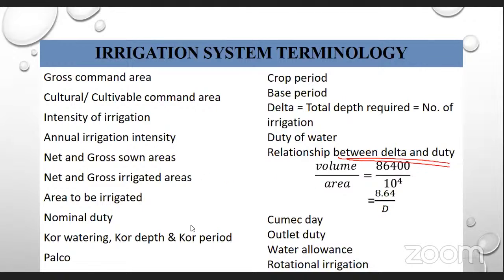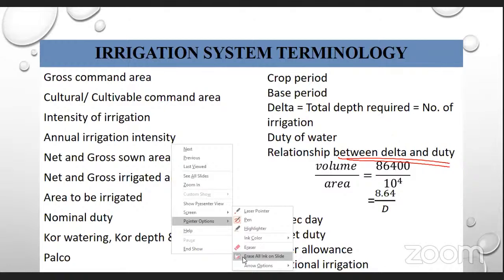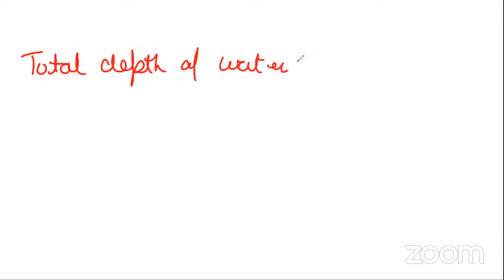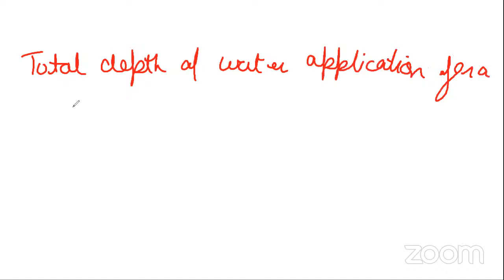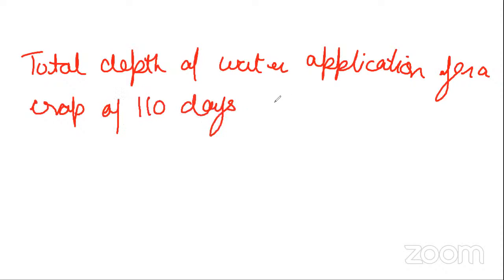For your clarification I am discussing one question here. Suppose the question is: the total depth of water application for a crop of 110 days, base period of 110 days, is 80 centimeter.